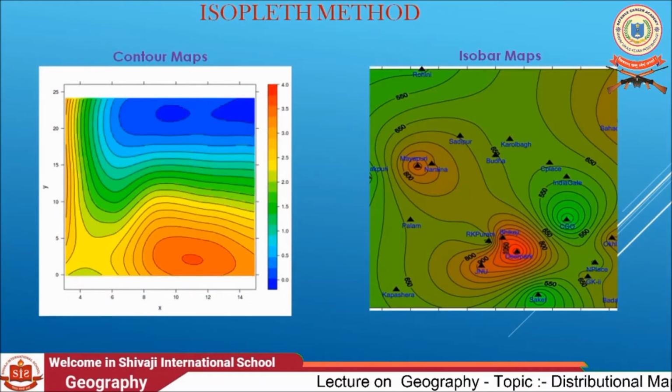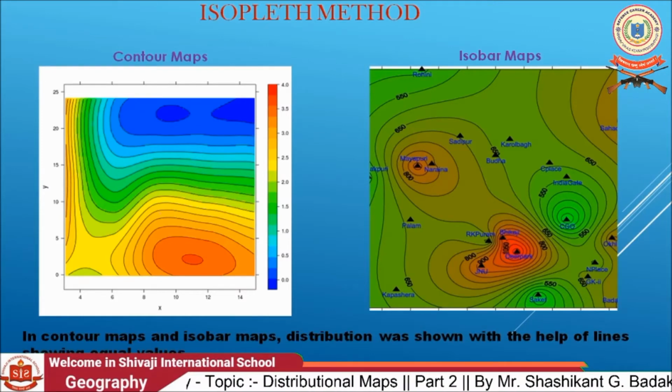Now see students, here is the isopleth method, the third method to show the distribution of variables. Here you can see the contour map and isobar maps. In contour maps and isobar maps, distribution is shown with the help of lines showing equal value.